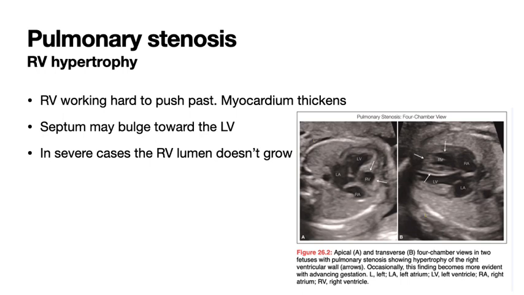And then, in severe cases, the right ventricle lumen doesn't grow. Basically, we're going to see exaggerated forms of this later, but the growth of a ventricle depends on blood flow through it. It needs inflow and it needs outflow. And if it doesn't have very much, it never really grows, just because the amount of volume that's filling up the ventricle each time isn't as much.